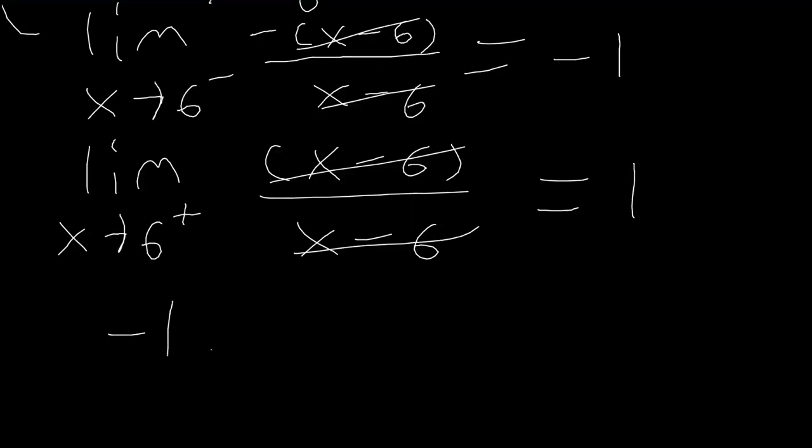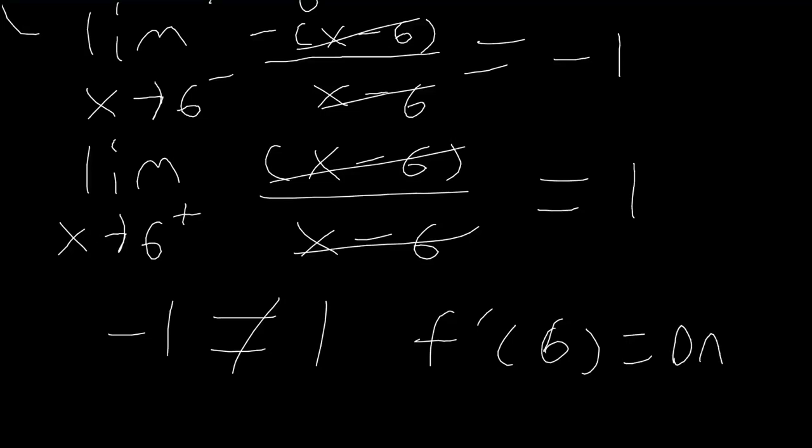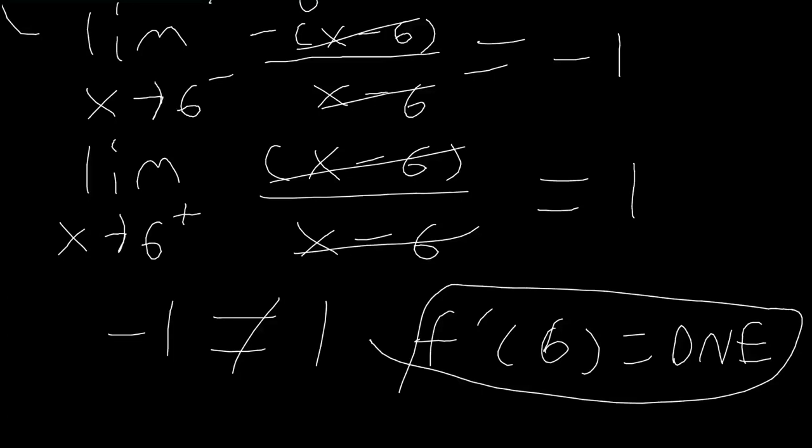So because -1 does not equal 1, the limits do not converge, so the limit does not exist. So that means we can say the derivative f prime of 6 does not exist. And that's our final answer.